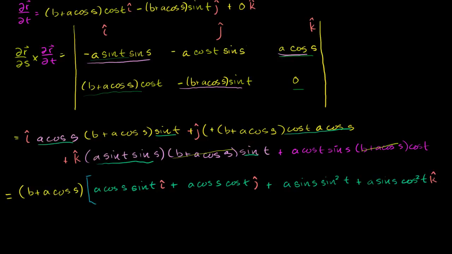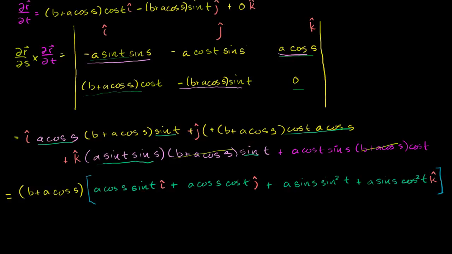And so things are looking a little bit more simplified, but you might see something jump out at you. You have a sine squared and a cosine squared. If I make that sine squared plus cosine squared of t, those will simplify to 1. This is all algebraic manipulation.